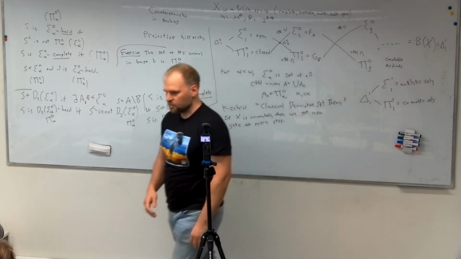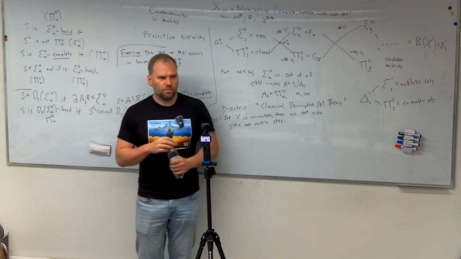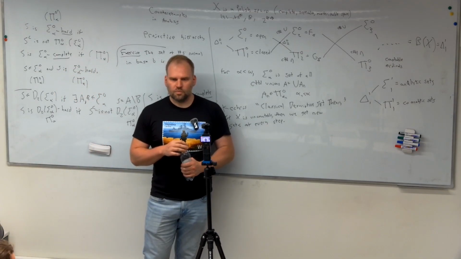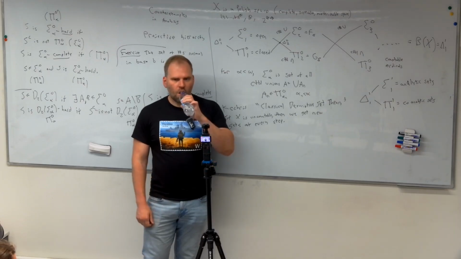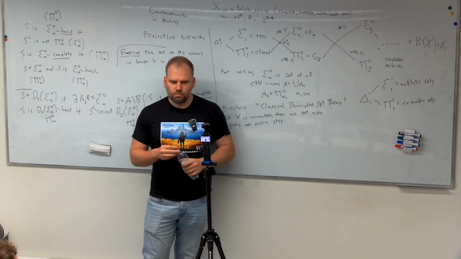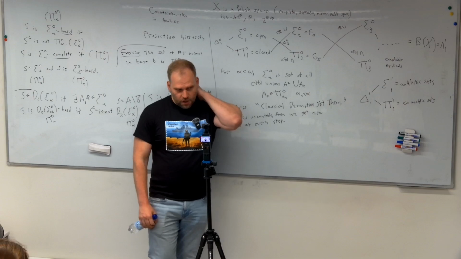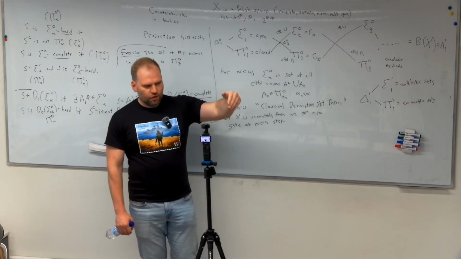Questions, please? We say S is analytic if it is the continuous image of a Borel set. You start with a Polish space, which is a topological space, and find a continuous function, meaning the inverse image of open sets are open.